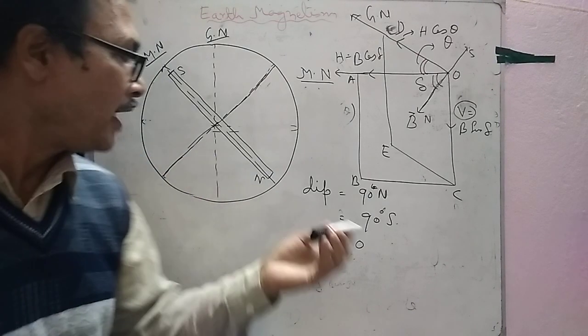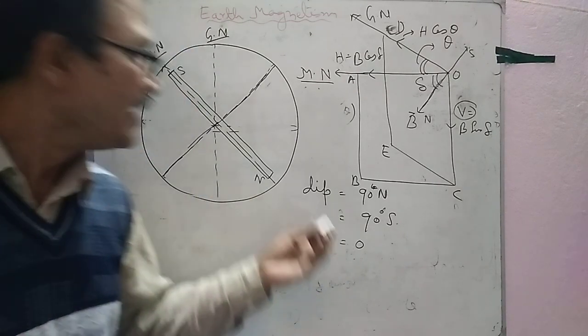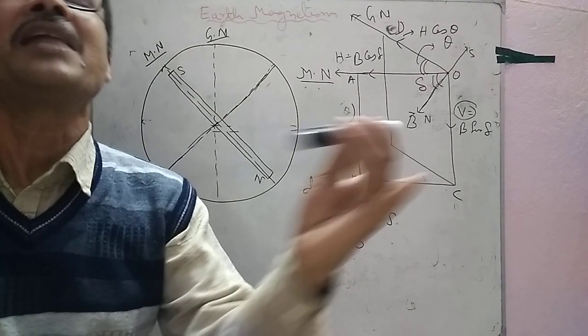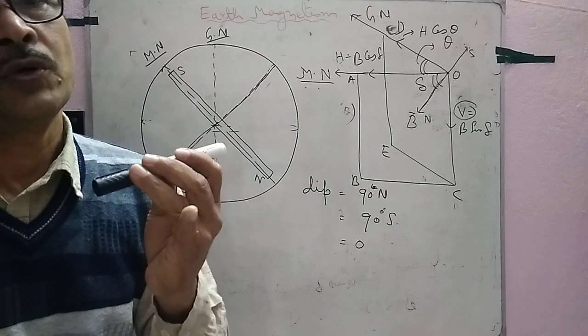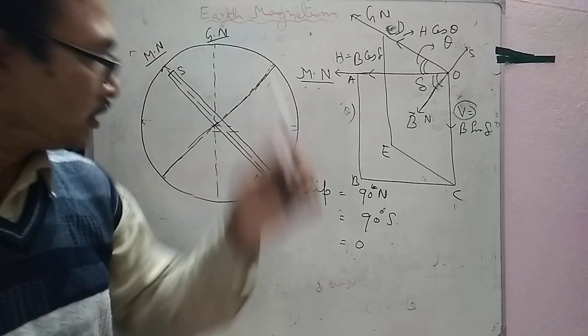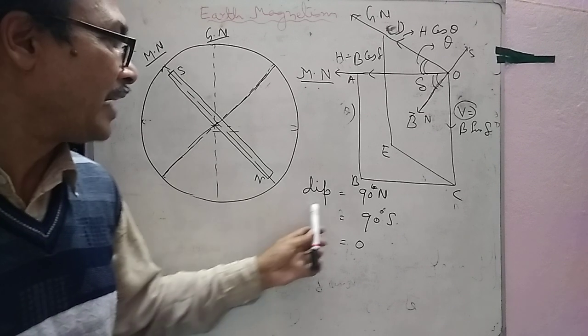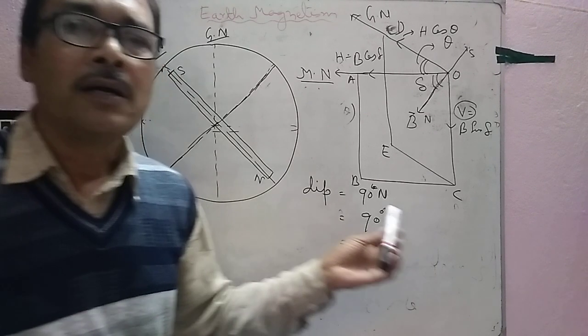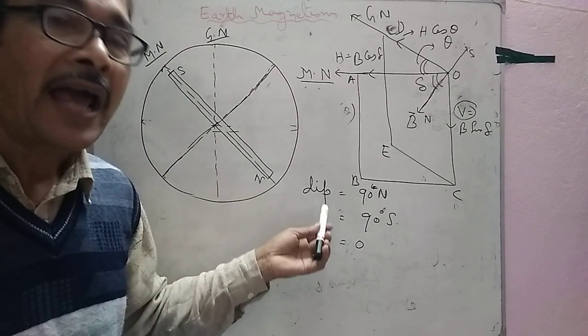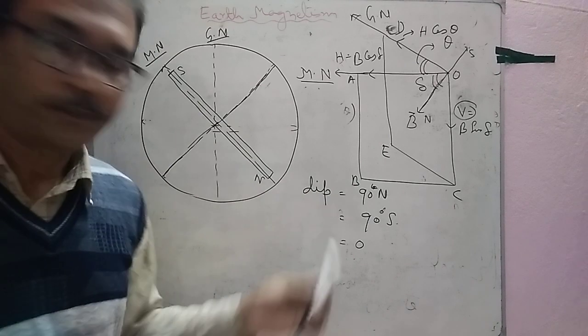Okay, so where is the angle of dip 0 degree? At magnetic equatorial plane, magnetic equator. Okay, at magnetic north pole and at magnetic south pole, the angle of dip is 90 degree and 90 degree. Again, an angle of dip or angle of inclination.